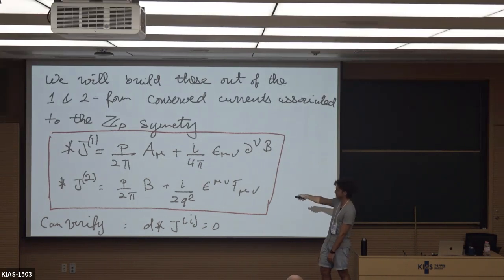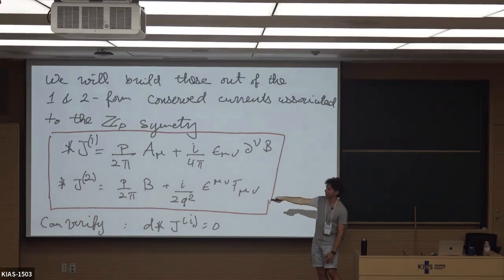I'm using the star language, the Hodge star, I hope that's okay. But this is a 1 form. You can see that it has 1 index, a conserved current built out of A mu. This object is not gauge invariant because it just has an A. So I'm never going to write just star J1 anywhere. I'm going to have to integrate it along the line.